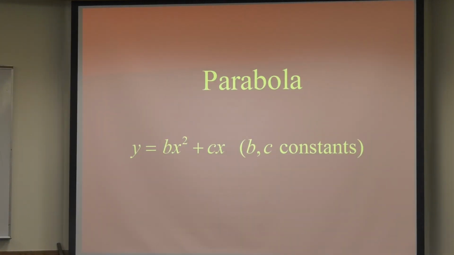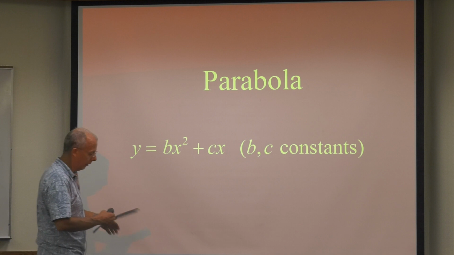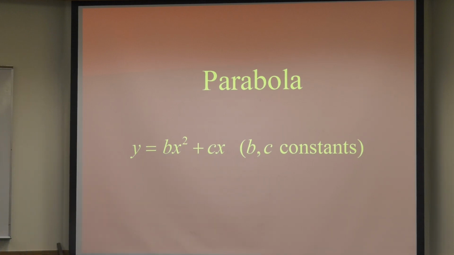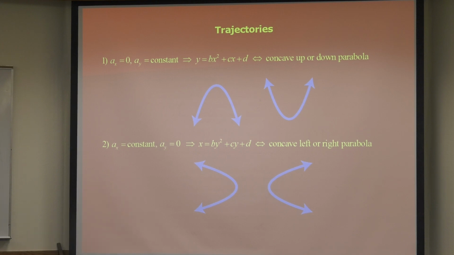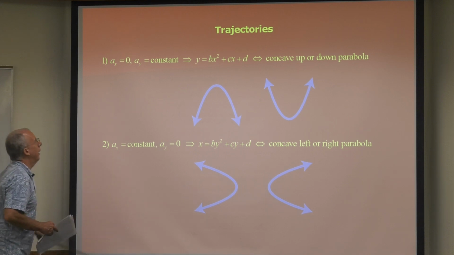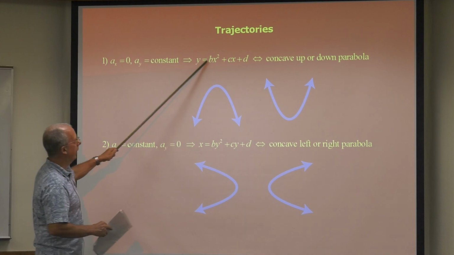This is what we came up with: some constant times x squared plus a constant times x. This is just a parabola, good old parabola. By the way, you can use that in a future lab. So this is what we did: ax is 0, ay is constant.